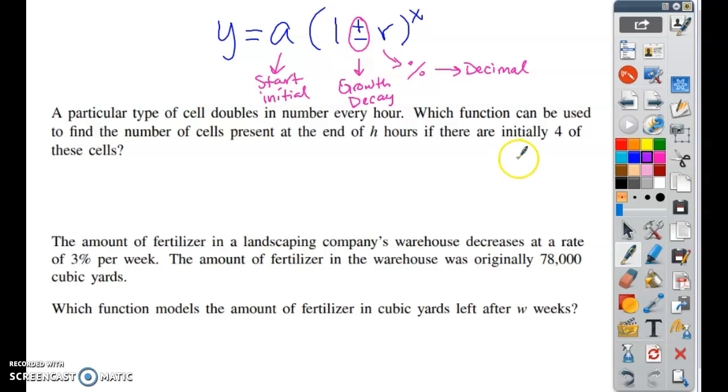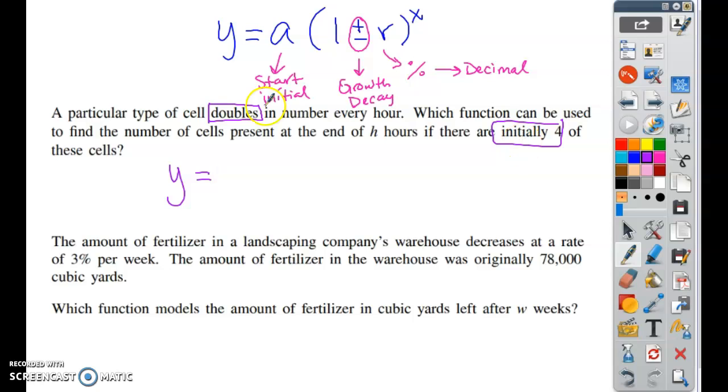So the first problem is saying that a particular type of cell doubles in numbers every hour. Which function can be used to find the number of cells present at the end of 4 hours if initially there were 4 of them, right? So what did I start with? How much did I start with? 4.